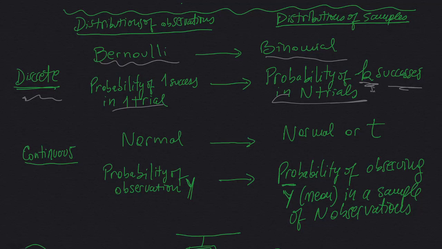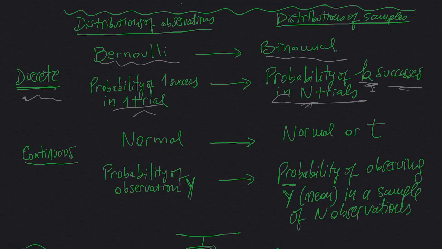If k equals 1, what's the probability of observing 1 success? If k equals 2, what's the probability of observing 2 successes? And if k equals 3, what's the probability of observing 3 successes? And I said n equals 4, so I have to say k equals 4. What's the probability of observing 4 successes? So in one distribution, we've got a summary of 4 Bernoulli distributions.